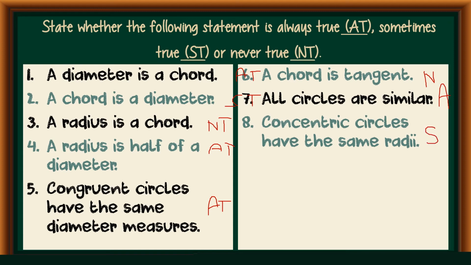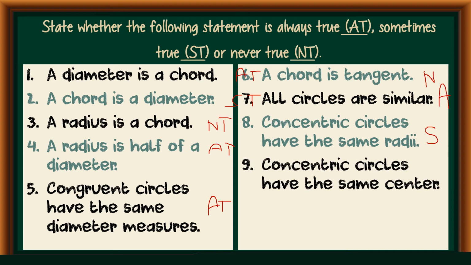Okay, sometimes it can happen but not always. Kagaya ng example natin kanina, concentric circle pero magkaiba yung radius nila. But pwedeng maging same radius, measurement ng radius kapag yes, magkapatong and then they have the same measurement of the radius. Magkaibang circle. Yes, pwede yun.